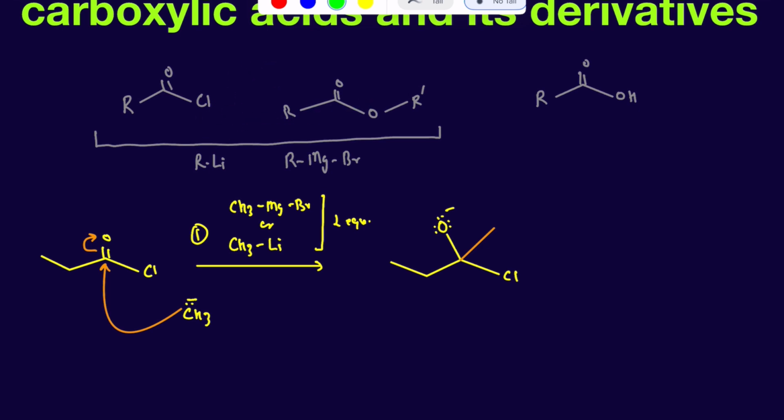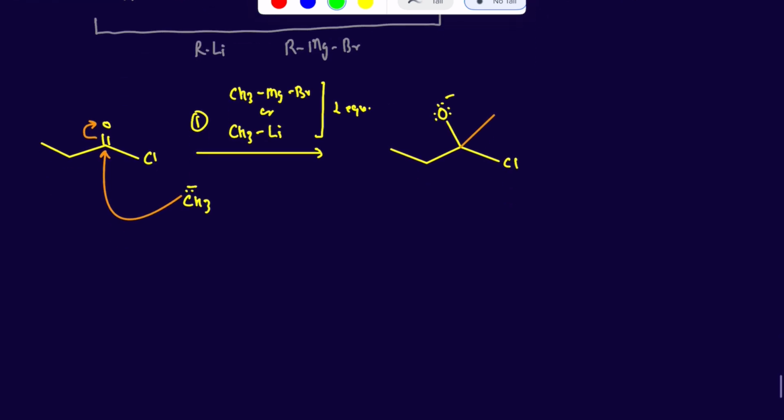I didn't talk about the amides here because amides have a bad leaving group, so they don't really react with organometallics in here. So what I'm going to get here is this falling back and knocking this chlorine out after making the tetrahedral intermediate. So my product at this point would look something like this.